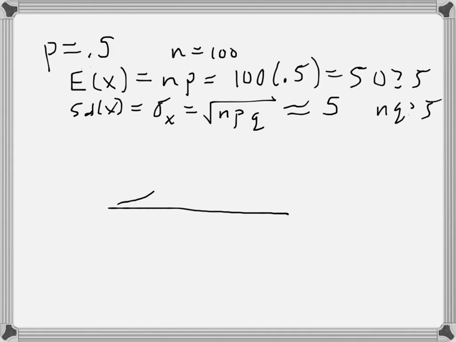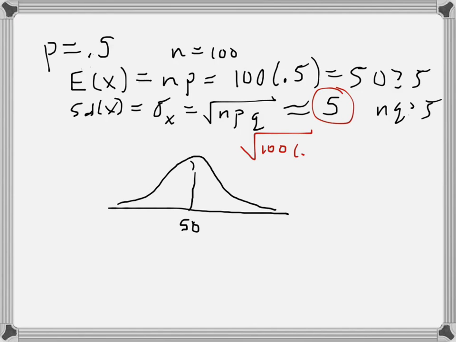What we learned in Chapter 5 is we have a large enough sample size that the distribution of heads should look approximately normal, with a mean of 50 and a standard deviation of, okay, I made up this number a little bit, I think the actual number is 4.7, but it's the square root of 100 times 0.5 times 0.5. You can double check this if you really want to, but you don't have to.